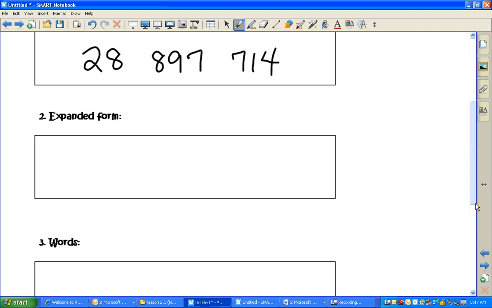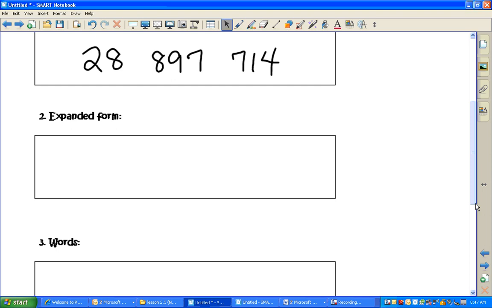Now, when you are asked to write a number in expanded form, what does it mean? Expanded form, exactly how it's said.